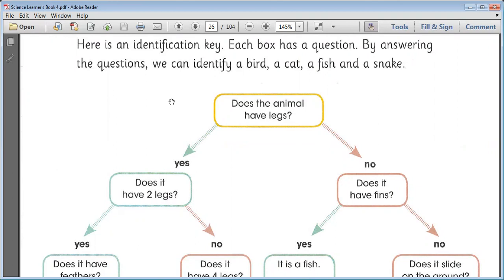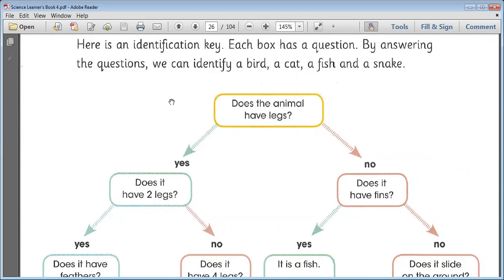Birds have two legs and feathers, right, boys? And a cat has four legs. A cat is a mammal, and fish have no legs. Fish have fins.